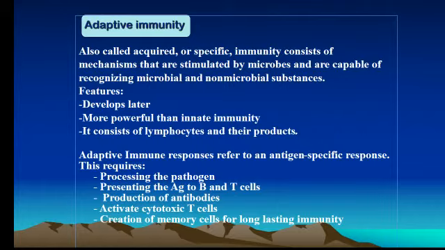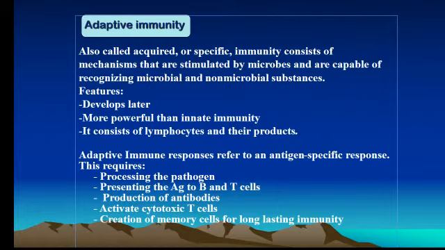Number three, production of antibodies. This is a very important step, when the antibodies are produced by lymphocytes, T and B cells, and also macrophages and white blood cells. Number four, activate cytokines or cytotoxins. Cytotoxic T cells are like T lymphocytes, but different, because they are cytotoxic.